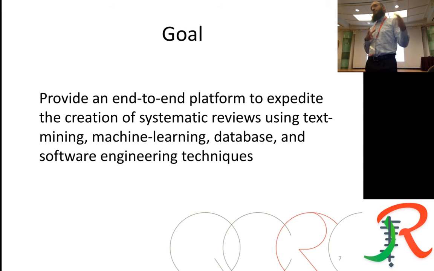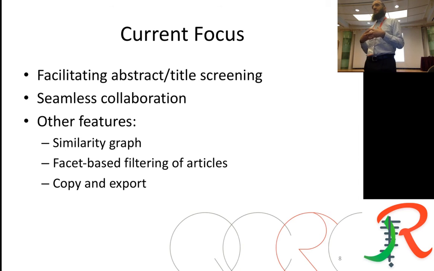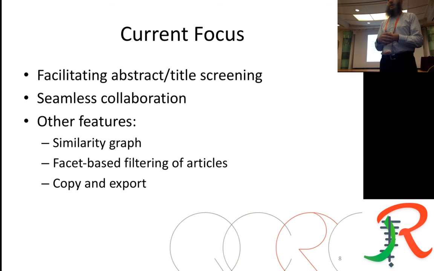So given a bunch of citations, how can we make the work of screening the citations using the abstract faster and easier for our users? And also, we have been focusing on how to make this collaborative.